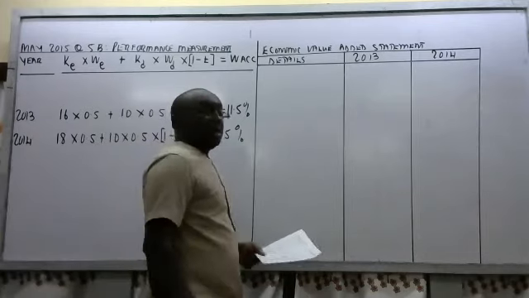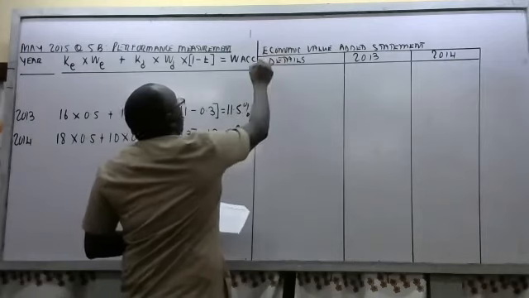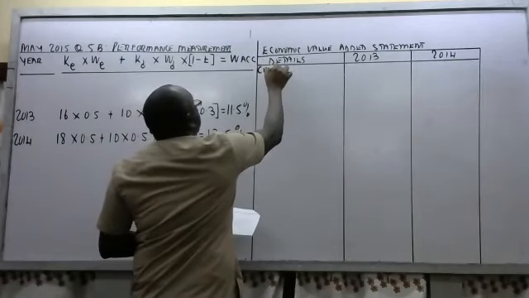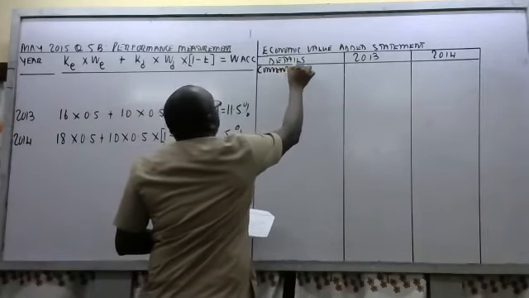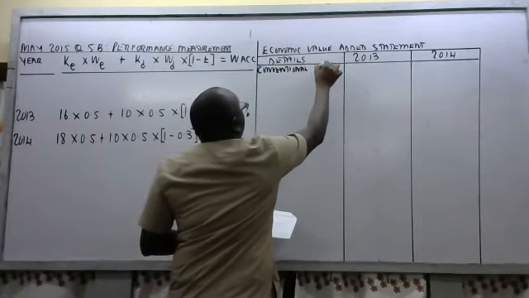So as you know, we said we begin with conventional profits or conventional income.